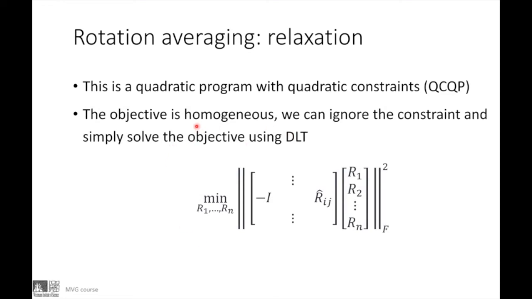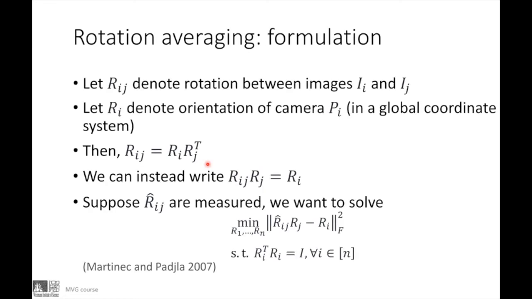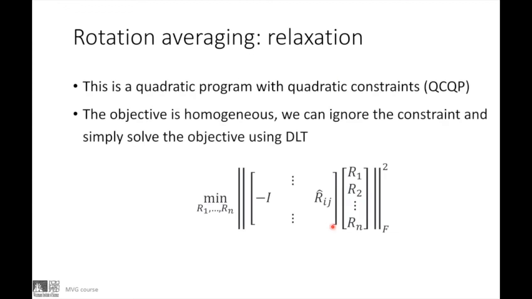The objective is homogeneous, right? We have Rj and Ri as the unknowns, so the objective is homogeneous. So we can just use DLT. We write a matrix here, and these are the unknowns. The unknowns are R1 to Rn. There is this matrix, its size 3n by 3.